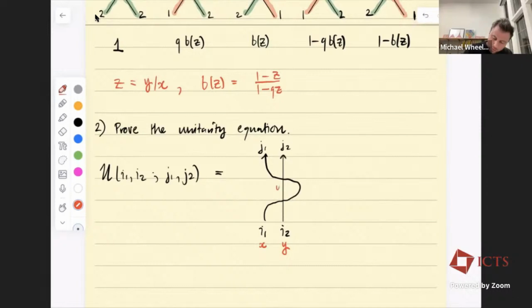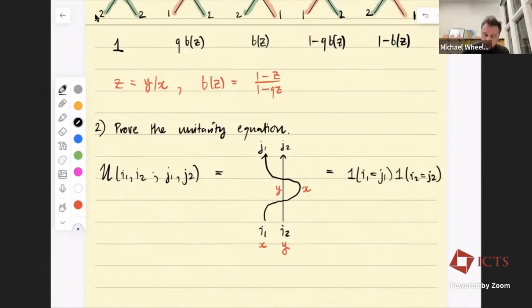So this line will still be Y, but this will be X. And this definitely plays a role in what follows. All right, so we have to prove that this is equal basically to the identity. So it should be indicator that I1 is equal to J1 and indicator that I2 is equal to J2.